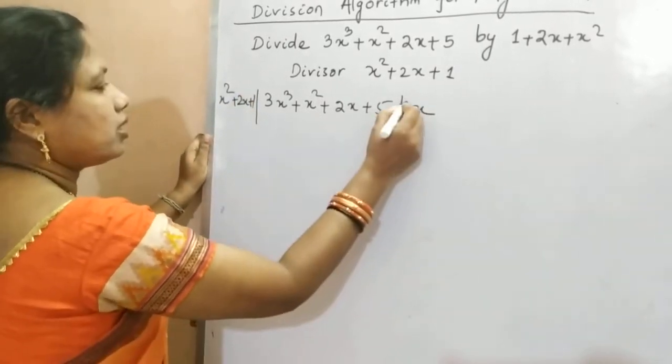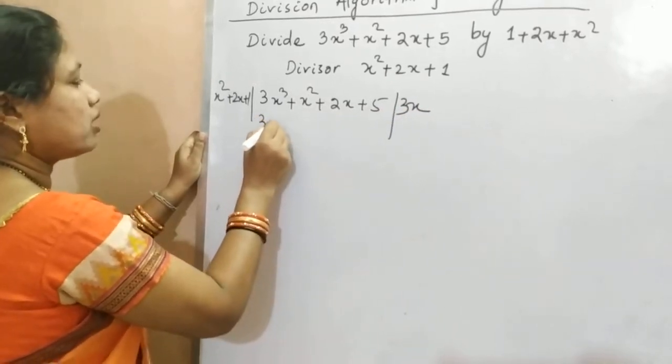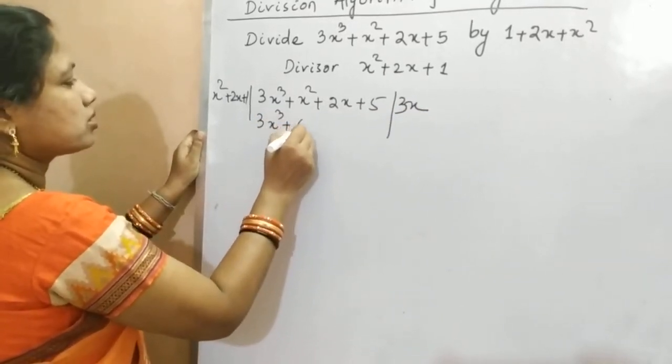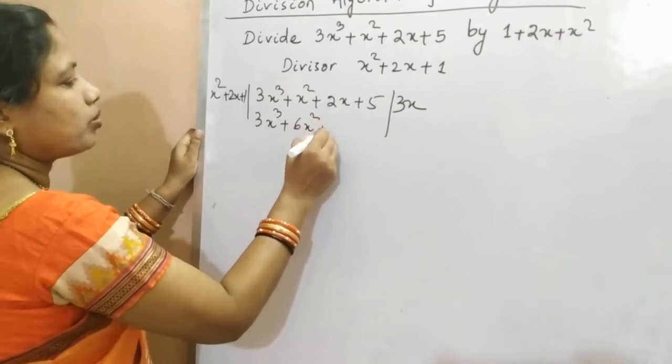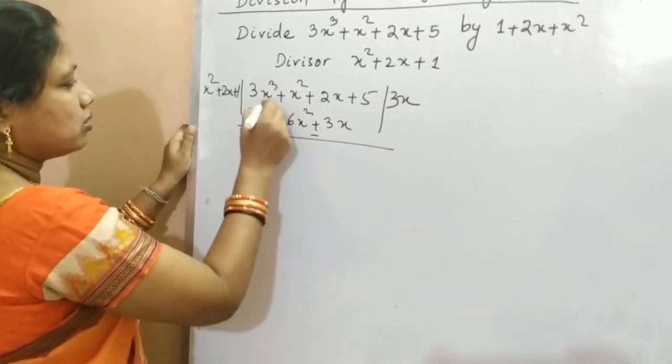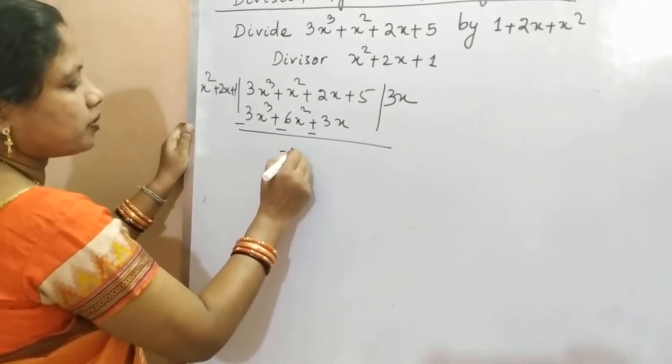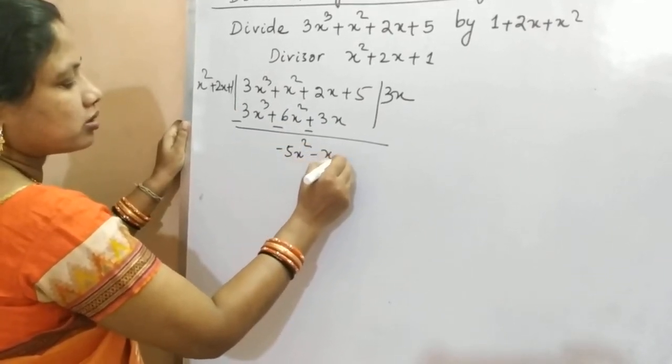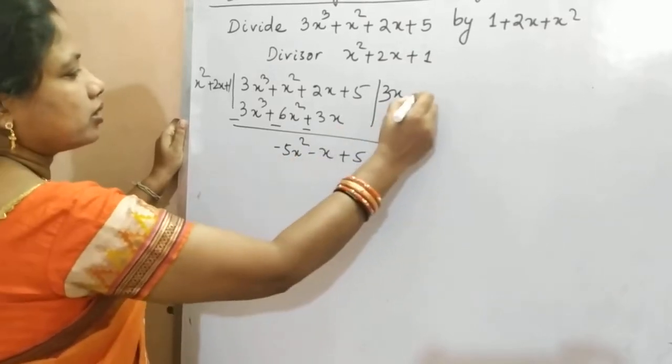So this is 3x, then 3x cube plus 6x square plus 3x. So this becomes minus 5x square minus x plus 5.